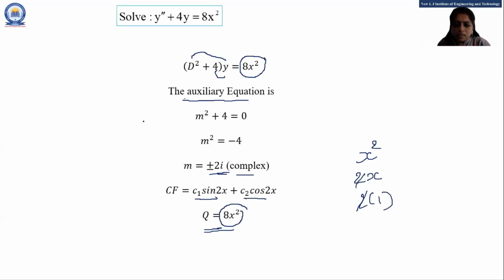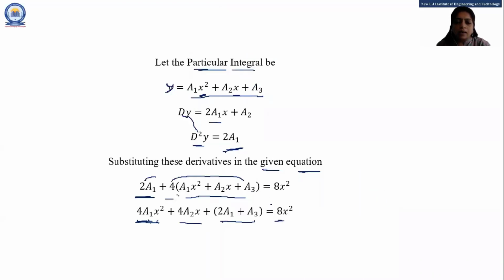See, in CF there are sine and cos, and in y there is x square, x and 1. So that is the most important thing. There should be no common term between y and CF. If there is a common term, then what to do? We'll see in the next example.